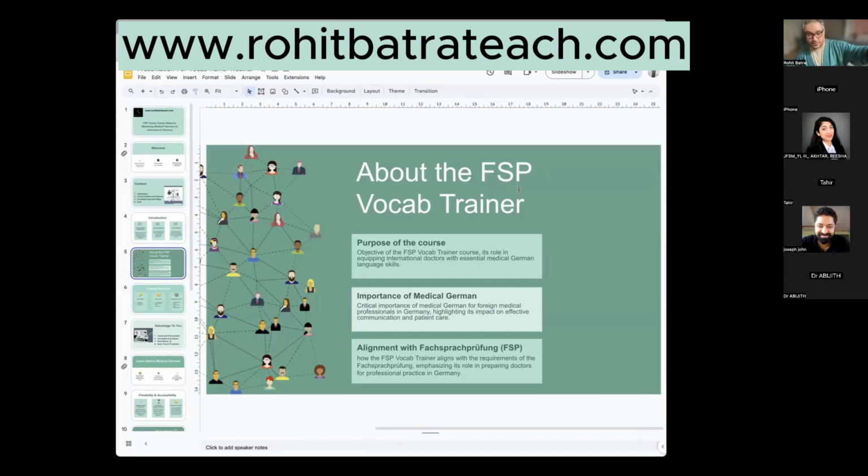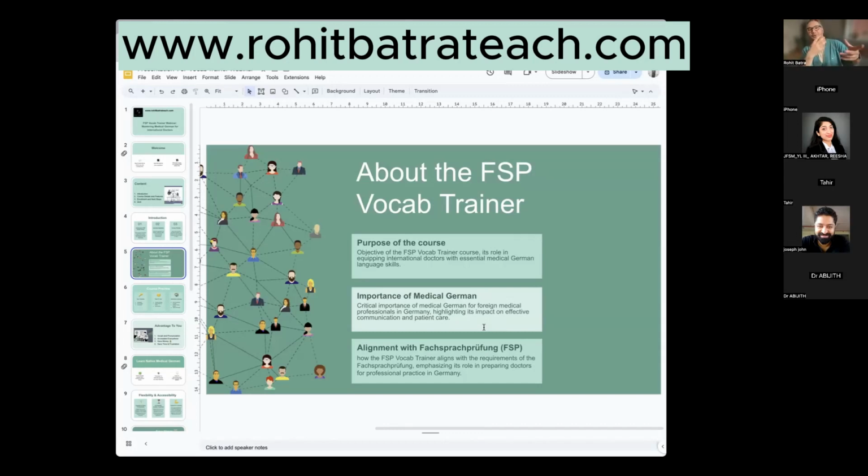So it also aligns with the FSP principles, which is to learn formal medical German terms and simple medical German terms, because they are going to be used in three different, separate parts of that exam.